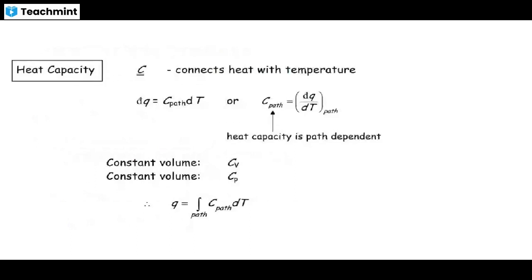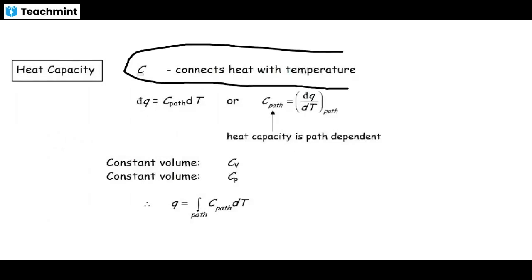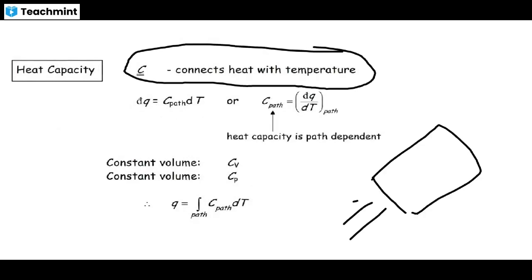What is heat capacity? Heat connects with temperature. It is heat capacity. If you take a box, this is the system. You supply some amount of heat, dq, and the temperature difference dT, how the system temperature changes before and after the heat, this is related to the heat capacity.